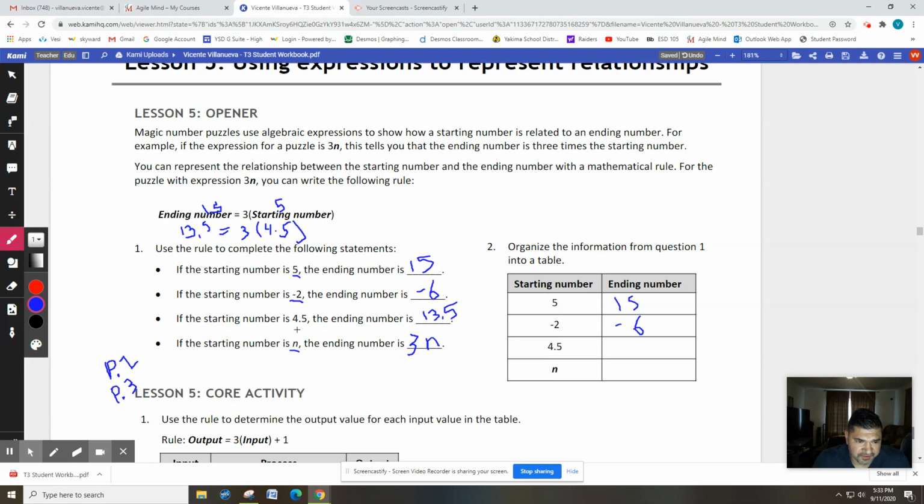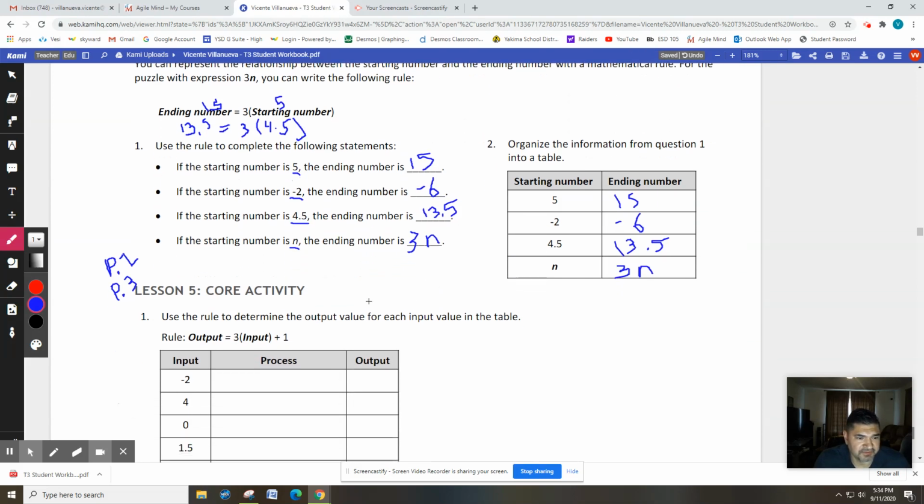And when our starting number was 4.5, our ending number was 13.5. Okay, and then when our starting number was n, we end up with 3n. Okay, so that's number 1, number 2.